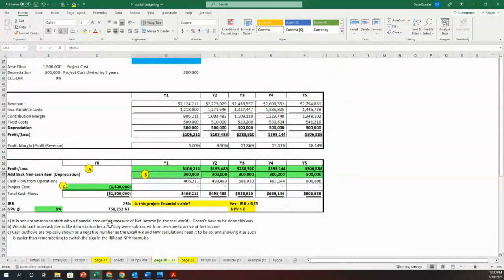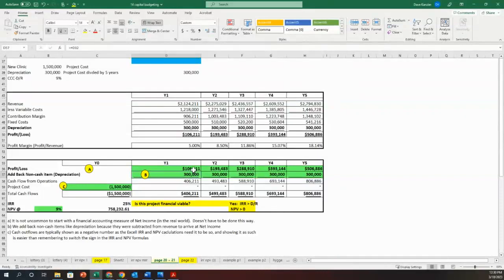And then we add back depreciation, because it's a non-cash item. It was subtracted to arrive at this net income, but depreciation is one of the more famous non-cash items.